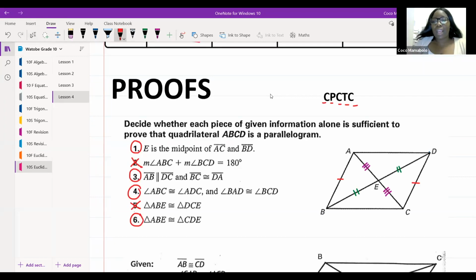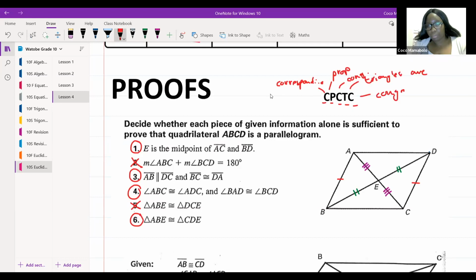CPCTC stands for corresponding properties of congruent triangles, congruent triangles are congruent. Here's what this means.